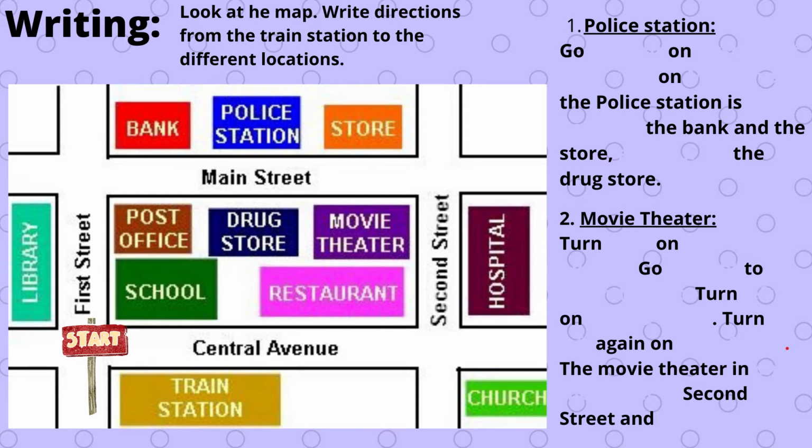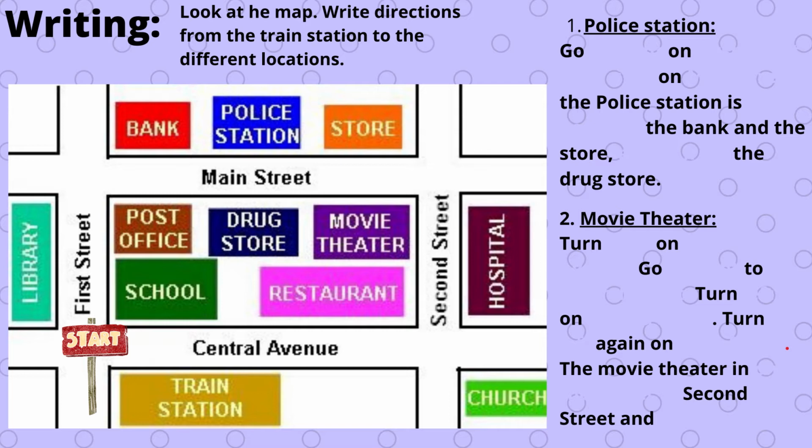It's important to understand that when you give these directions below, you need to make sure you start where the sign is that says start. You're going to give directions from the start sign to number 1, the police station, and then give directions from the start sign to the movie theater.